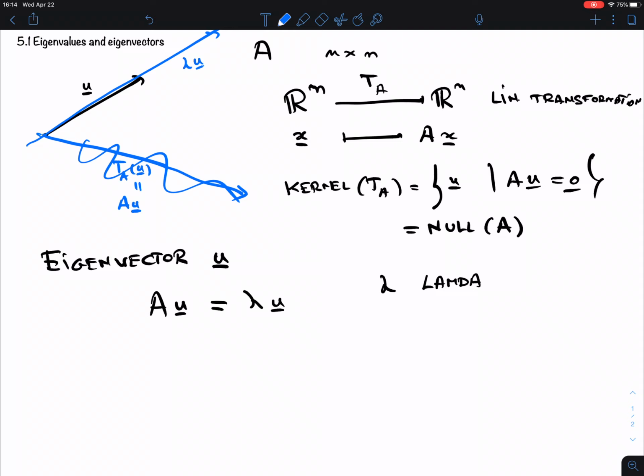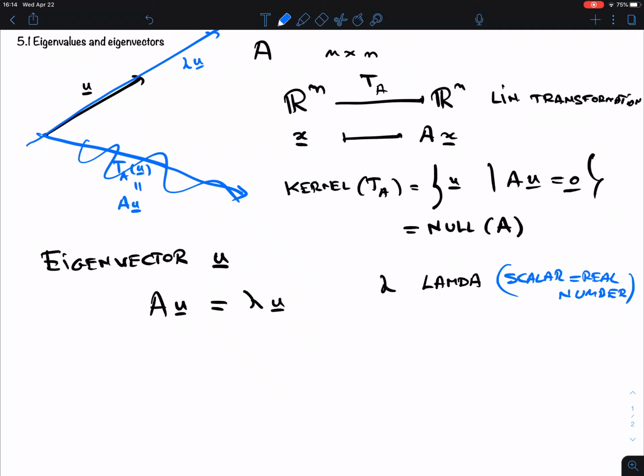That's what negatives do. Remember, lambda is a scalar, which just means a real number: 2, 5, 6.3, 1/4, minus 17, whatever number you want. That's what this lambda is, the scaling factor.